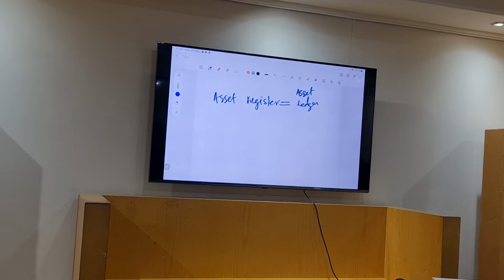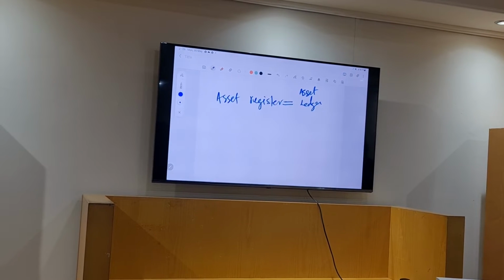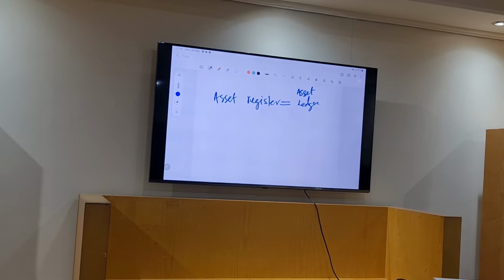What is the purpose of this? To maintain all the total availability, the trace, the custody and the cost details of the assets of the company. For example, this table belongs to our business. So in the books of our firm, I should show that as furniture.